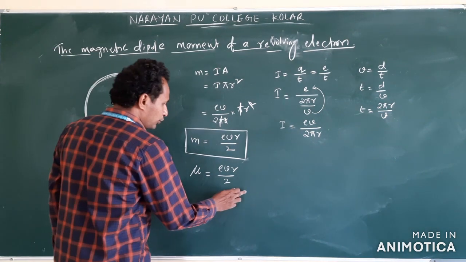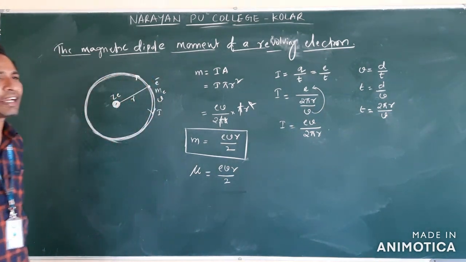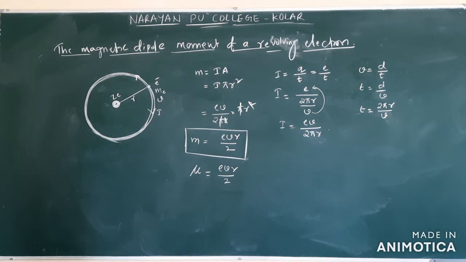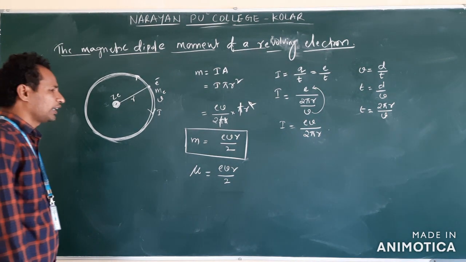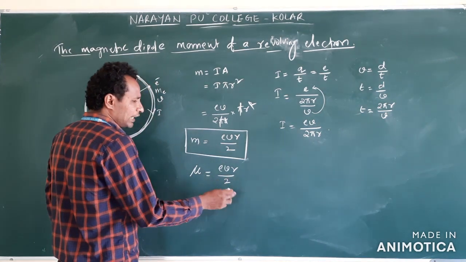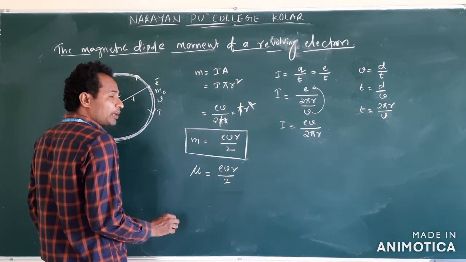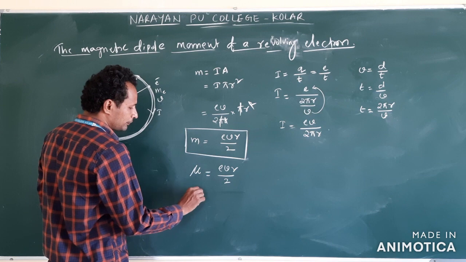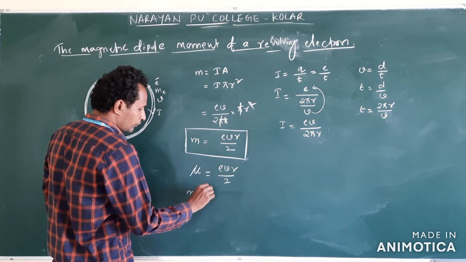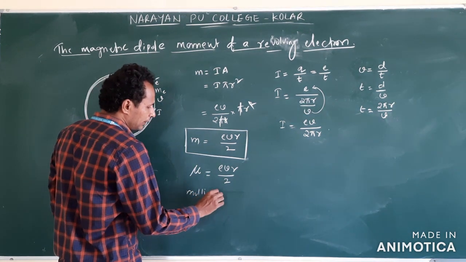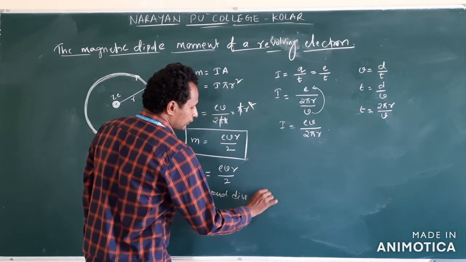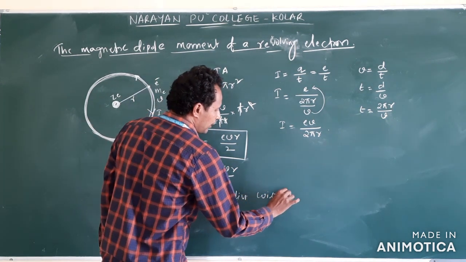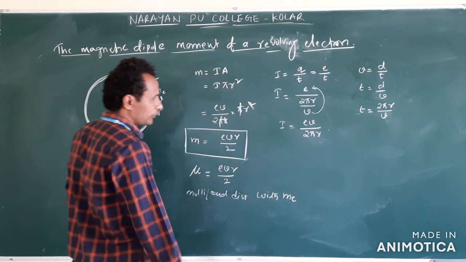Now we are going to find the relation between the angular momentum of the electron and the magnetic moment of the electron. For that, I multiply and divide the above equation with the mass of the electron.